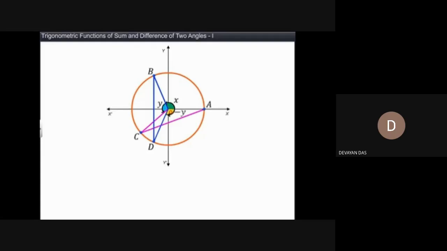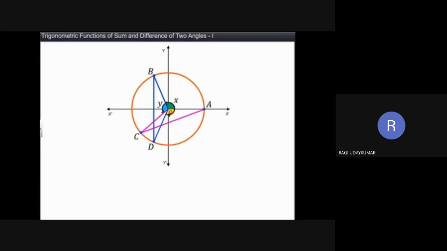Consider angle BOC as y degrees. So whenever you consider the angles in this way, AOB is x and angle BOC is y radians.